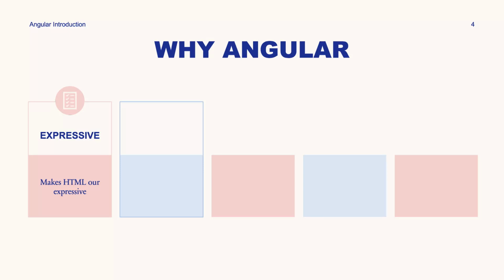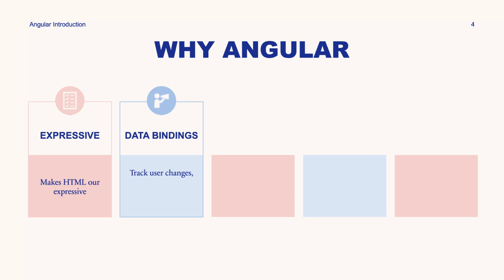We can write different kinds of if conditions inside our HTML to render different kinds of content based on different values of different variables, and we can iterate over lists that we have coming from the backend and display data from the local variables that we define in our TypeScript files and so on.